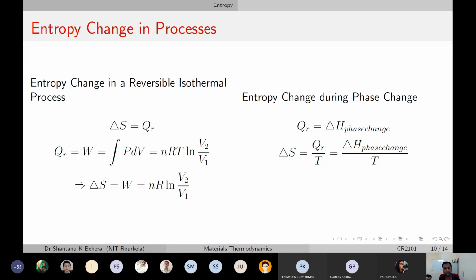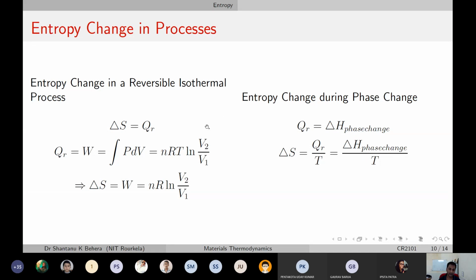So if you have to calculate the entropy change due to a phase change, you simply take the del H of phase change, which is the latent heat of the particular phase change you're talking about, divided by the transformation temperature. That gives you a del S quantity, and this del S is the difference in the discontinuity.